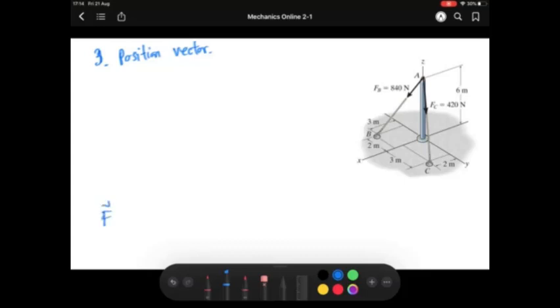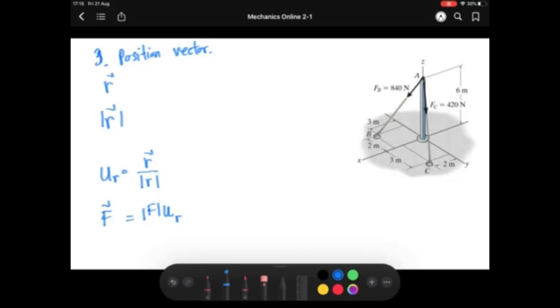F in terms of vector will be equal to the size of F and then the unit vector along that line. To find the unit vector along that line, you should find the vector R, and then divide it by the magnitude of the vector R. So you should have the size of vector R and then the vector R.